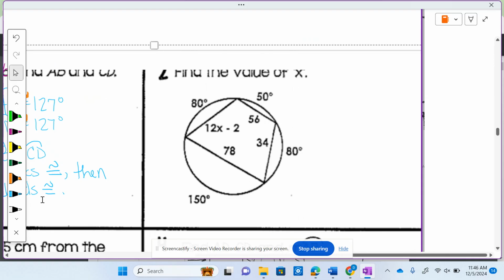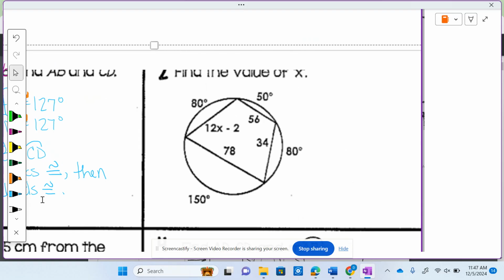So we learned something about theorem 1. What do we know about congruent arcs? Congruent arcs do what? Who just said that? Congruent arcs make congruent chords. Do we have congruent arcs?